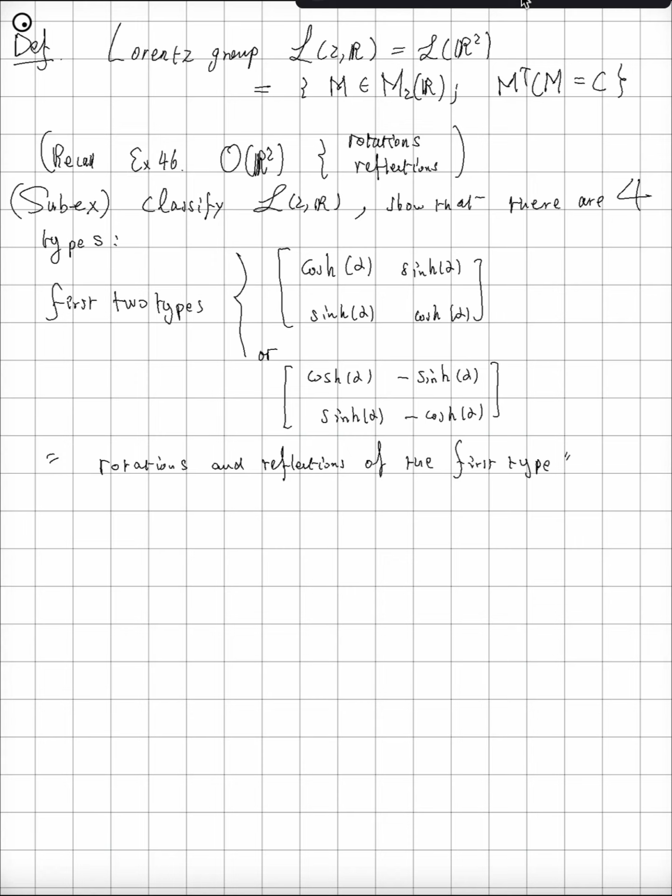And you have the second two types: minus cosine hyperbolic of alpha, sin hyperbolic of alpha, and sin hyperbolic of alpha, minus cosine hyperbolic of alpha, or minus cosine hyperbolic of alpha, minus sin hyperbolic of alpha, sin hyperbolic of alpha, cosine hyperbolic of alpha.